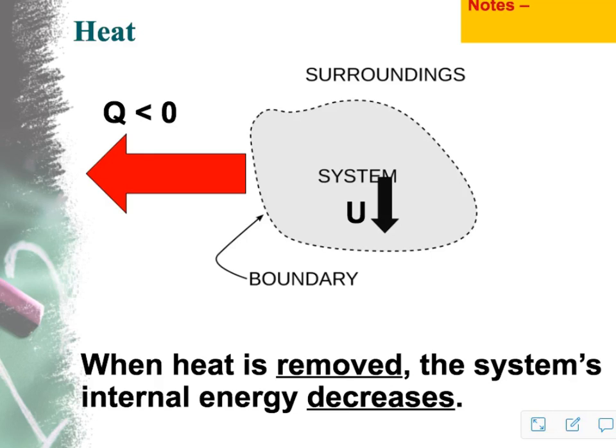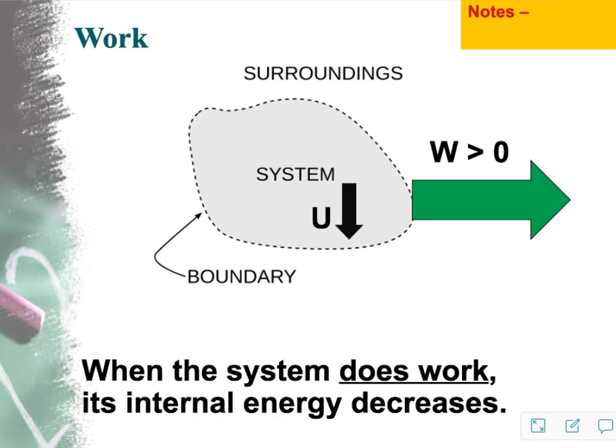But work is trickier. You've got to be careful about signs when you're talking about thermodynamics. With work, when the system does work on its surroundings, its internal energy decreases. Okay, so when this actually does mechanical work on the things around it, like say this blob starts pushing on a wall, or let's say maybe I have a little block over here and this thing expands so that it starts to push a little block over here.